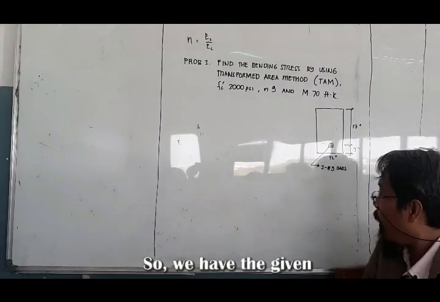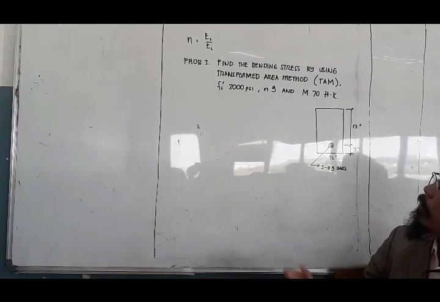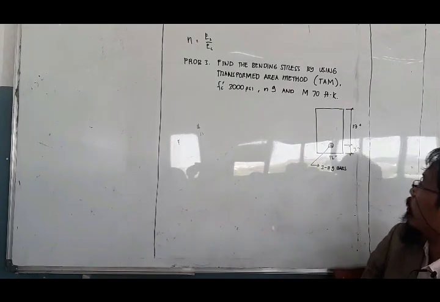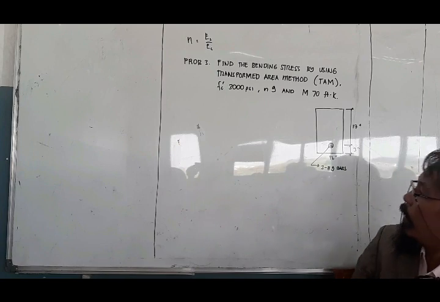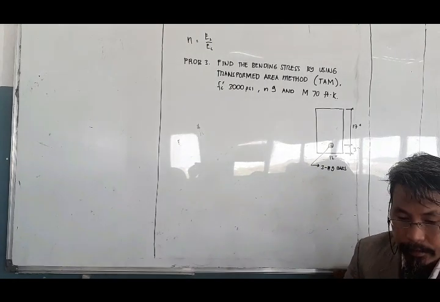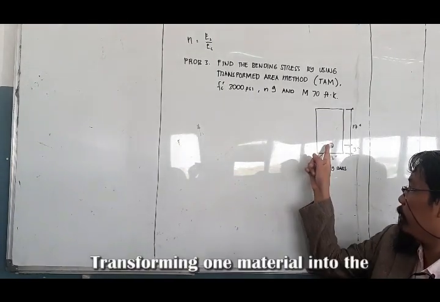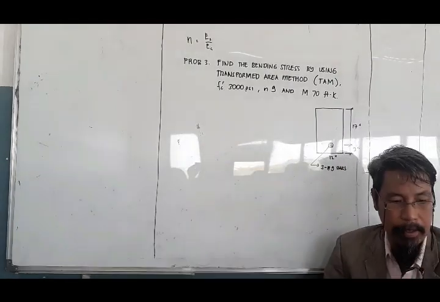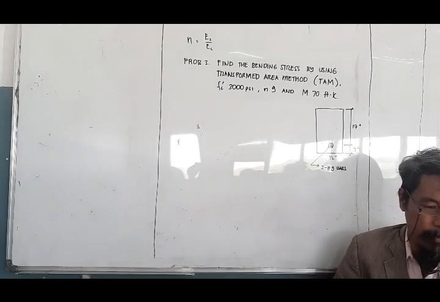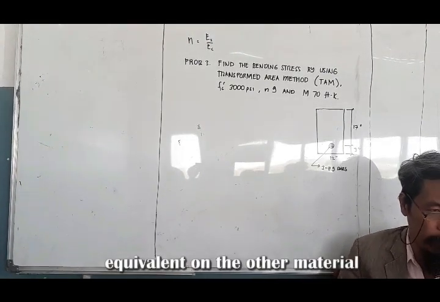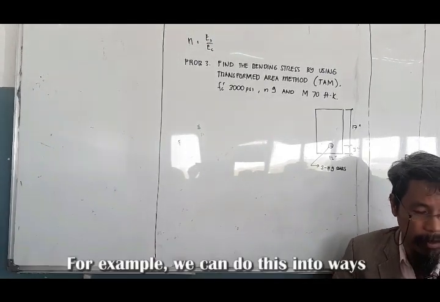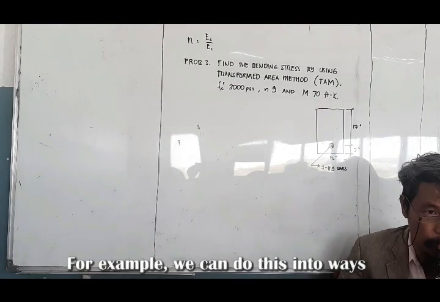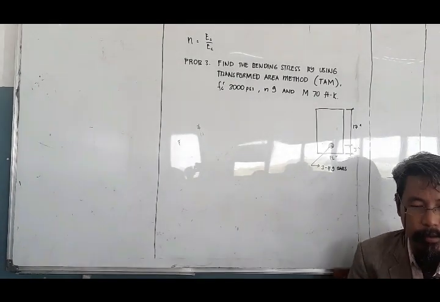We have the given, so we can analyze this as one single material, transforming one material into the equivalent of the other material. We can do this in two ways.